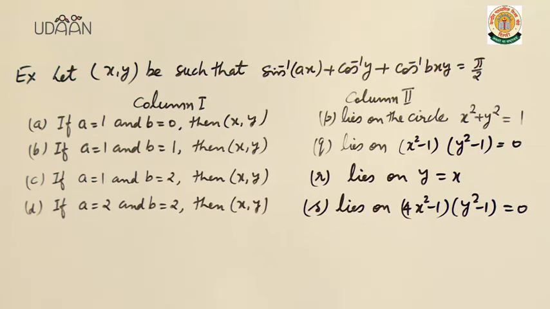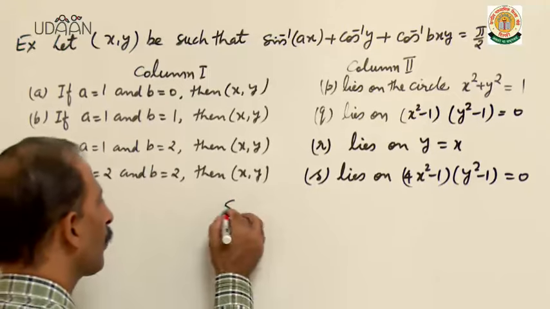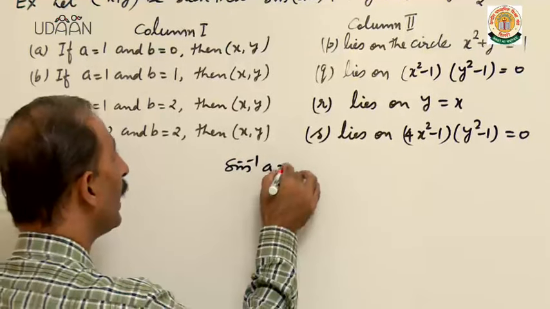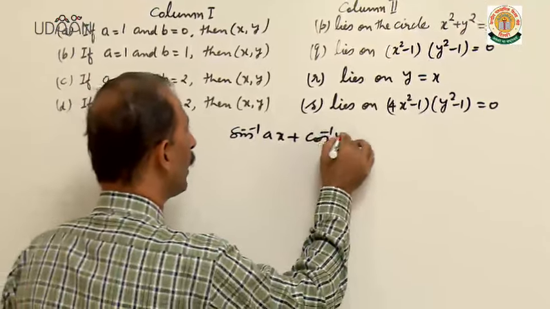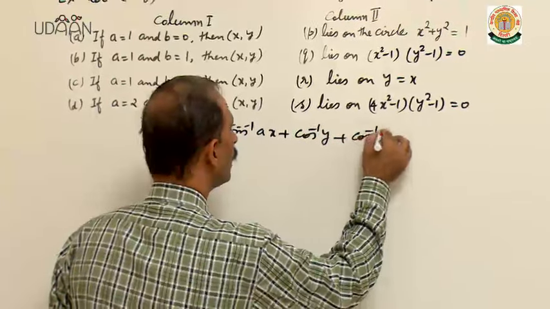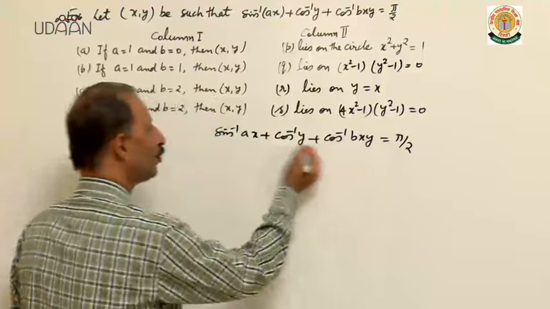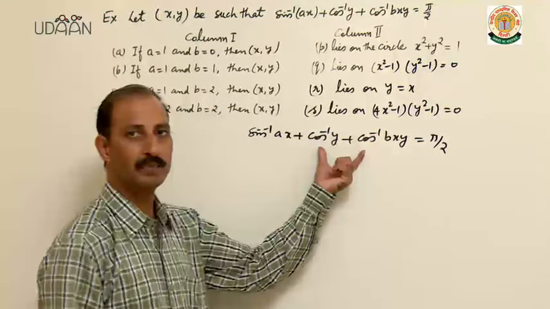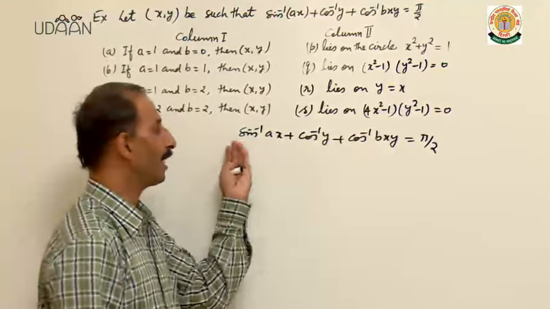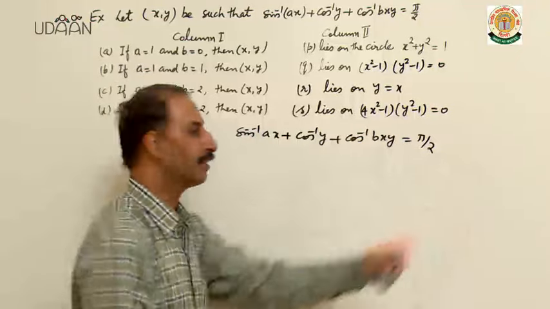Now, first of all, the given expression is sine inverse ax plus cos inverse y plus cos inverse bxy is equal to pi by 2. These two terms contain cos inverse, but this is sine inverse. I am transferring the sine inverse to the right hand side.